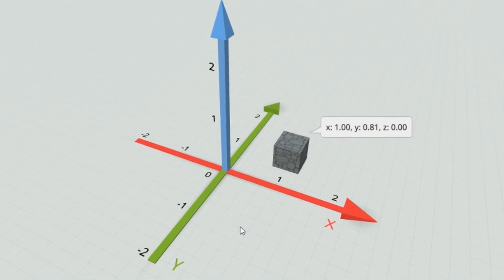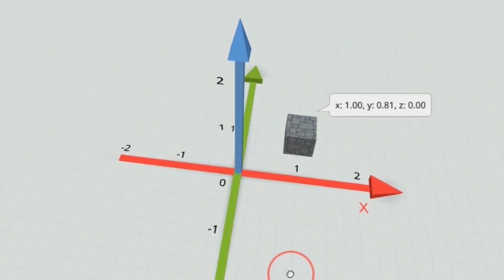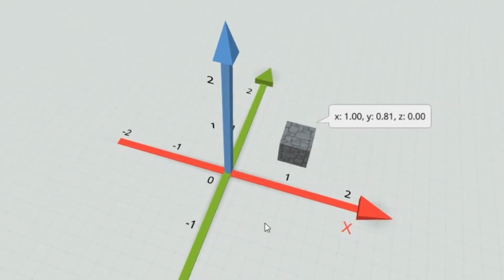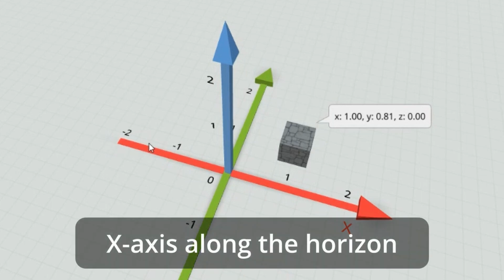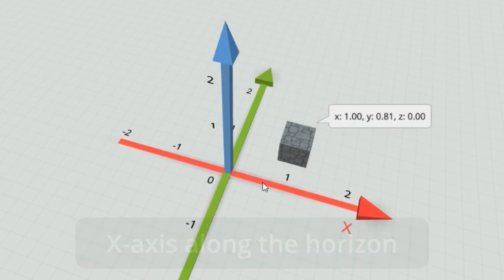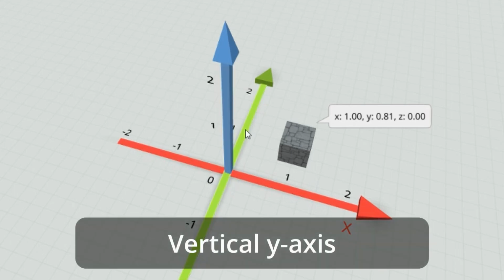So just like in math class, you have a coordinate system and there is an x-axis along the horizon and the y-axis is going up. Okay, the x-axis is positive going right and the y-axis is positive going up.